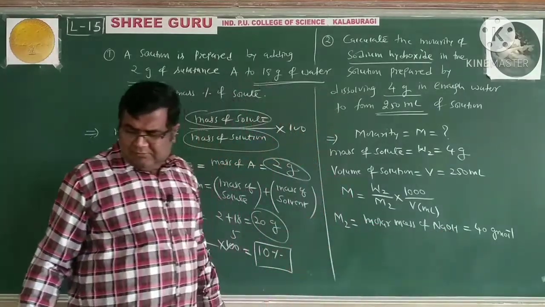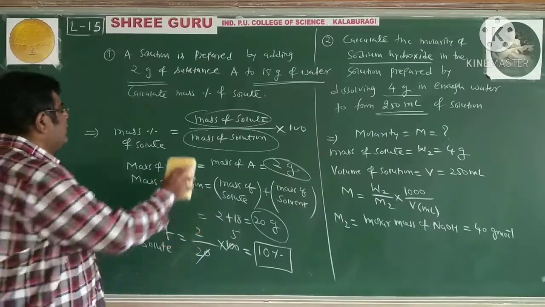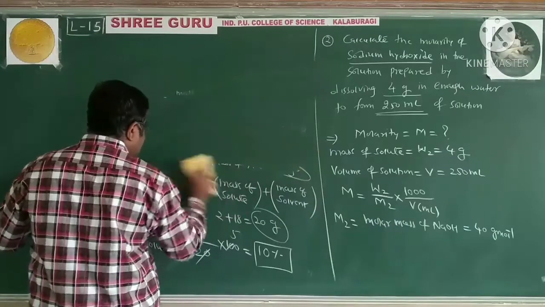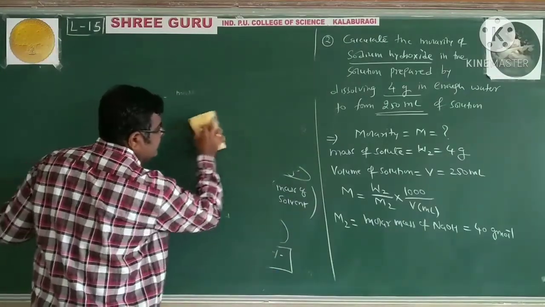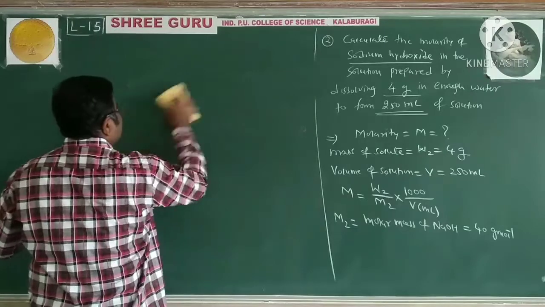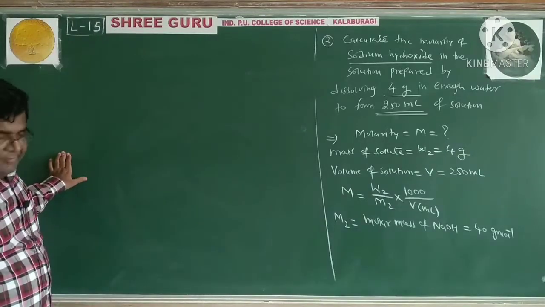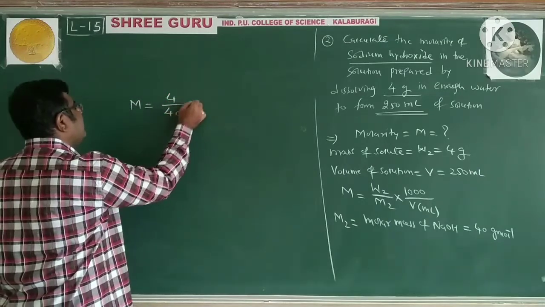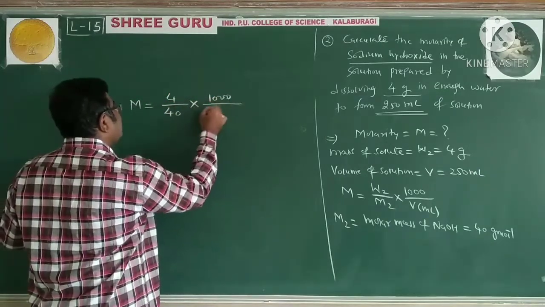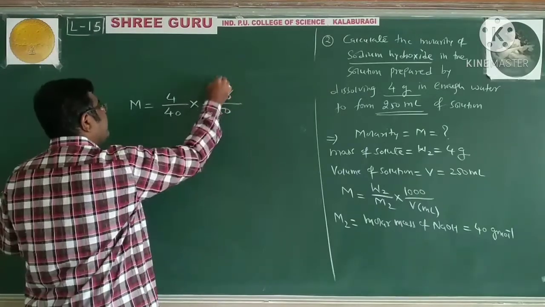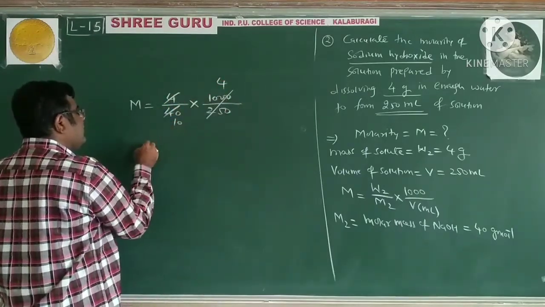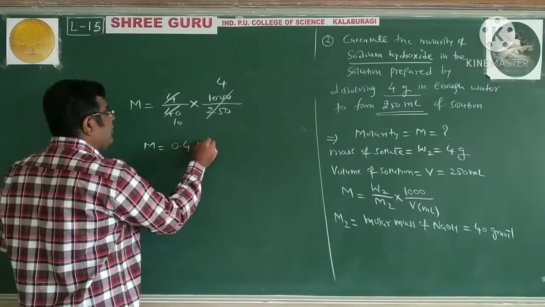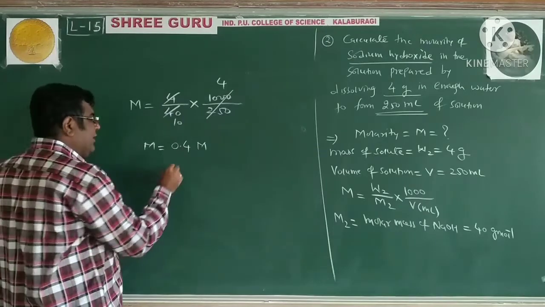Now we have all the terms known to us. We can substitute correctly and we can get the answer. So we will substitute in the next step. Capital M equals to 4 gram by 40 into 1000 by 250. This is 4 by 10. 4 by 10 is 0.4 M, capital M we can write.